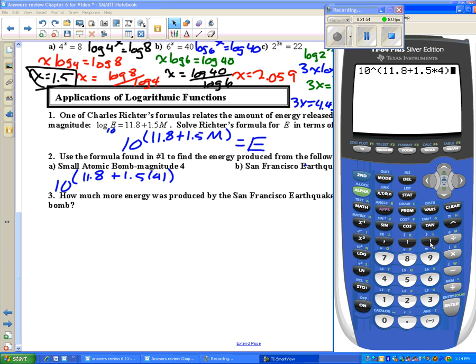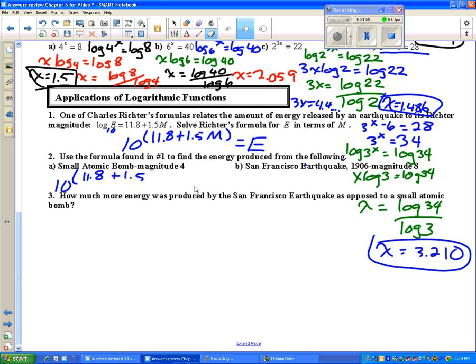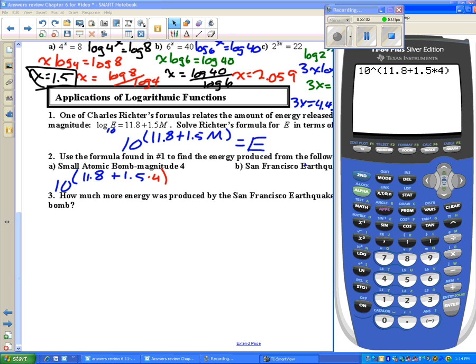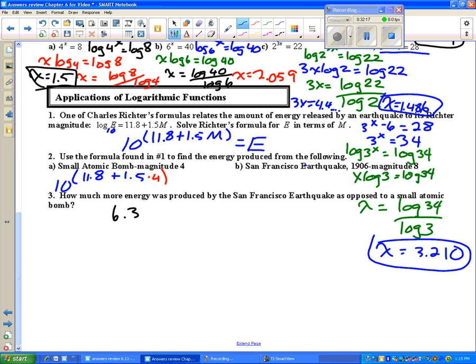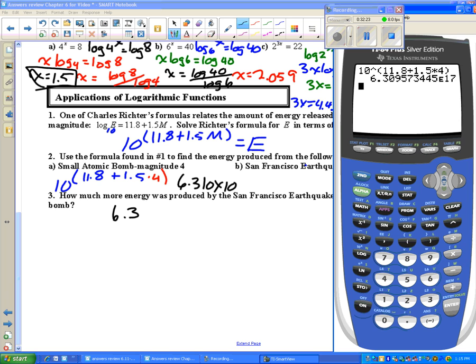You don't need parentheses in there. Hit enter, and it's 6.3095. So that's 6.310 times 10 to the 17th power.